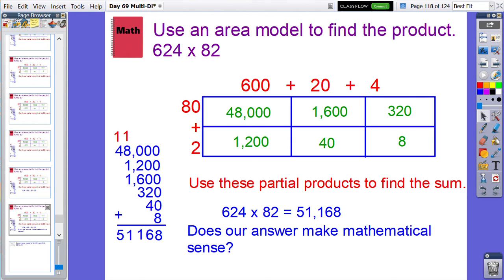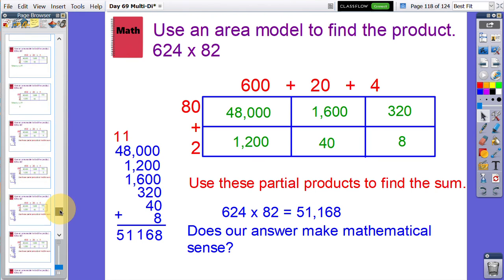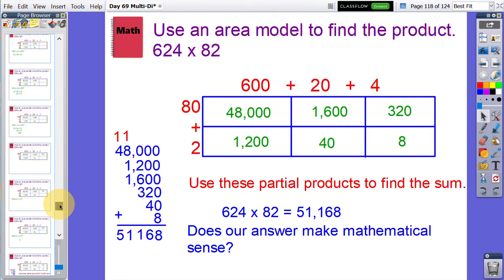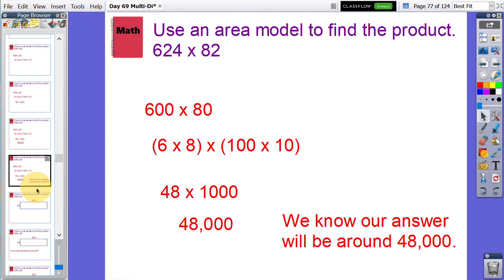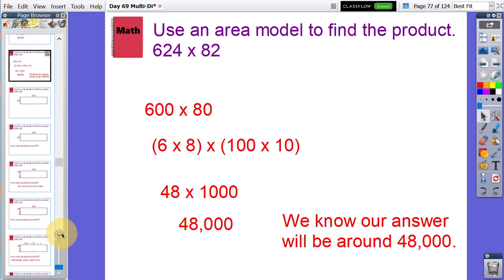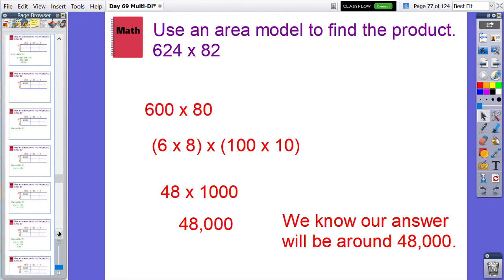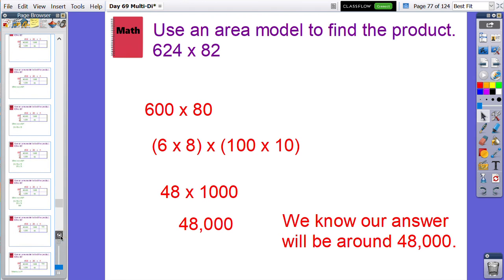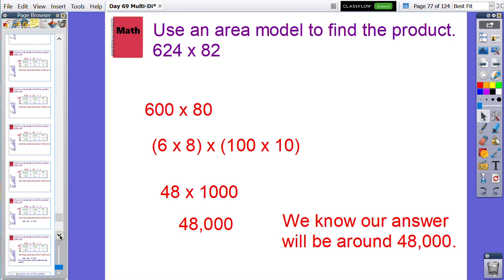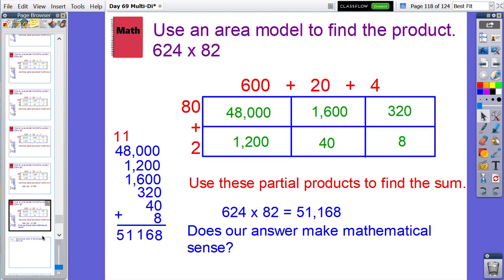Yeah. So it makes sense. Let's go back to our estimate here. Okay, so our estimate was 48,000 and our final answer was 51,168.